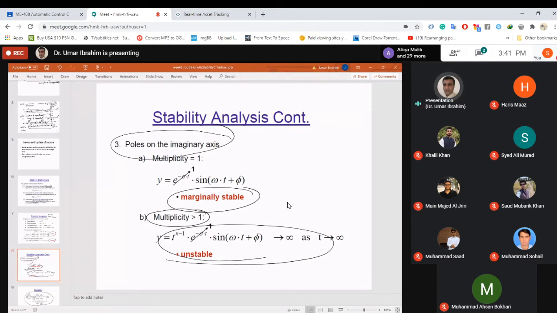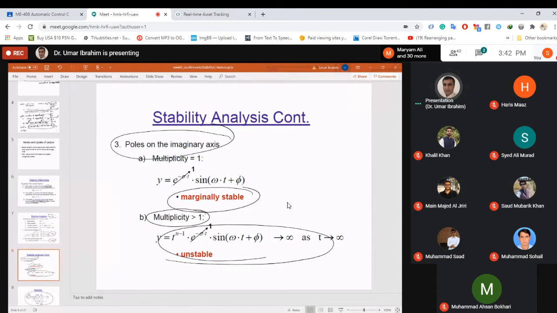If they are non-repeating imaginary poles, no matter whether 100 or 50 or 1 million, suppose a system has 1 million poles, and all the 1 million poles are on the imaginary axis, and none of them are identical, then it is marginally stable. But if 2 poles are identical to any other 2 poles out of the 1 million imaginary poles, then the system is unstable.